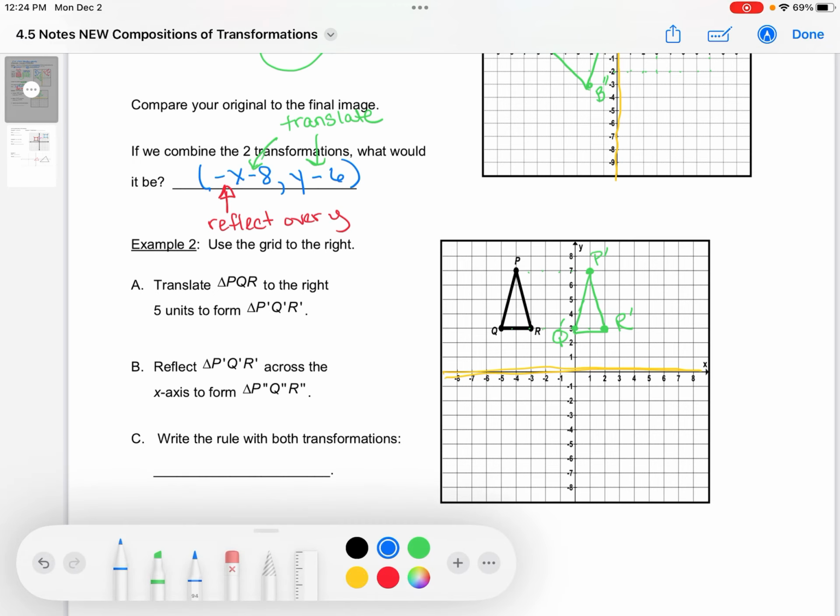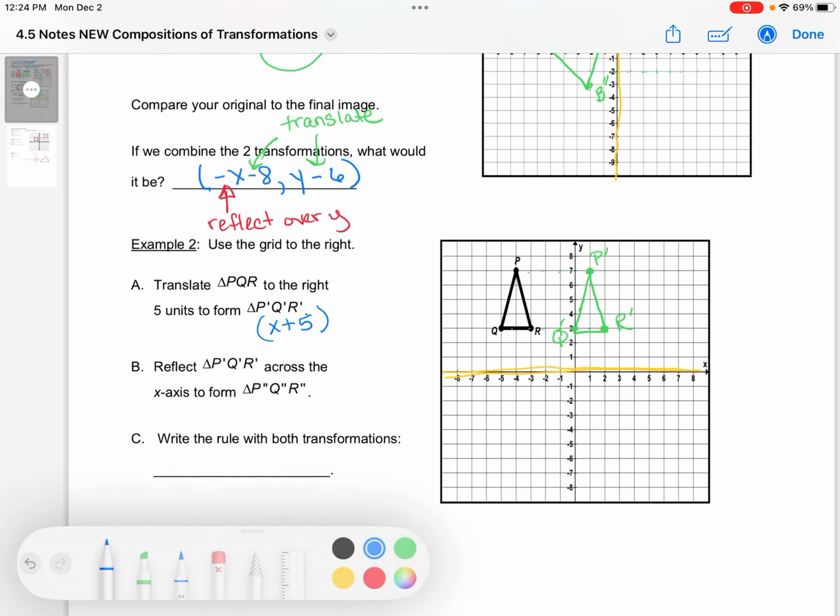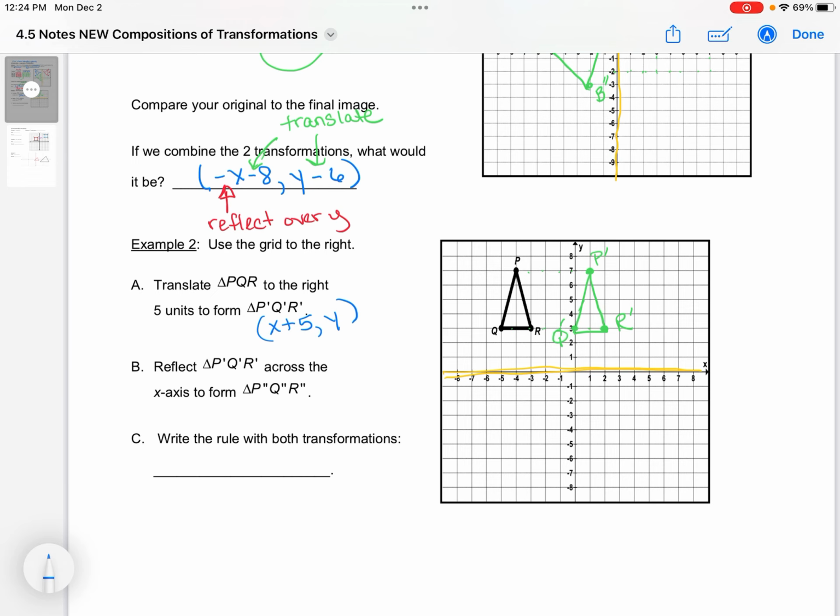The rule for x is, so this was x plus 5. And y, because it didn't change. And then reflecting over x is x, negative y.